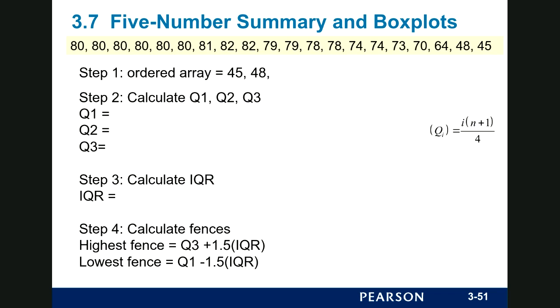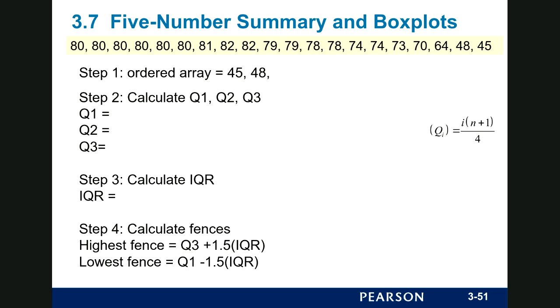Okay, did you rearrange it, Arzu? Can we see what you have? Okay, so we have 45, 48. I'm scrolling down. Are you missing some after 79? So we need 20, right?